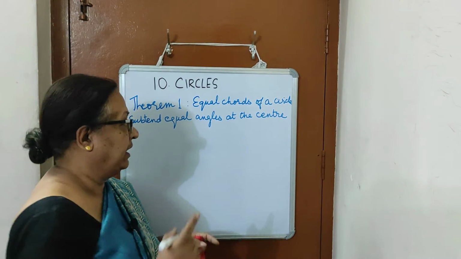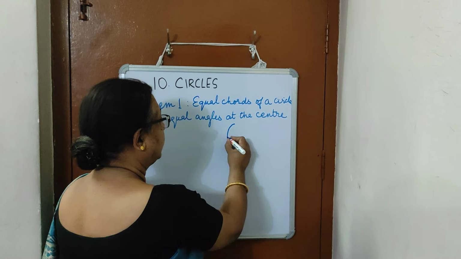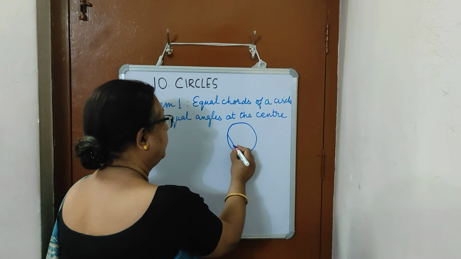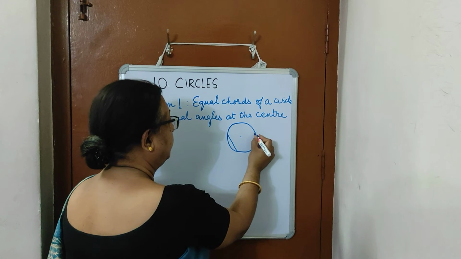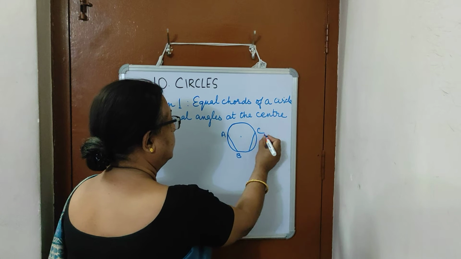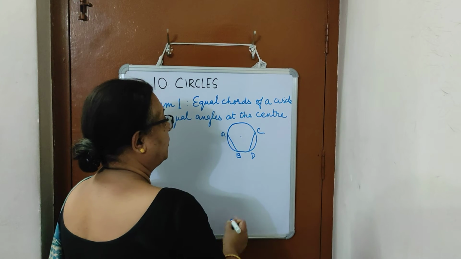We will now prove it. For that, we have a circle. Suppose this is the center, and AB and CD are two chords of the circle.